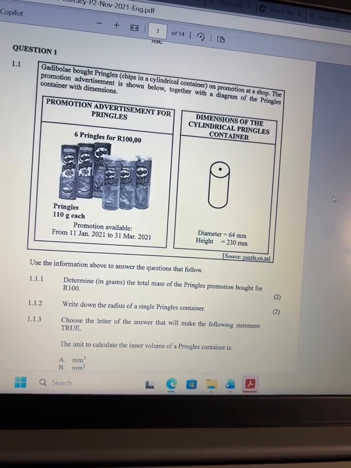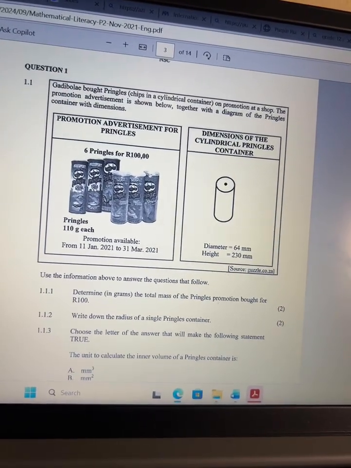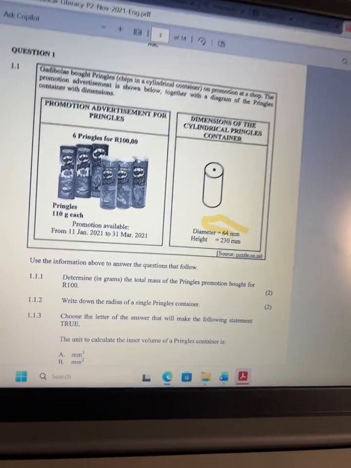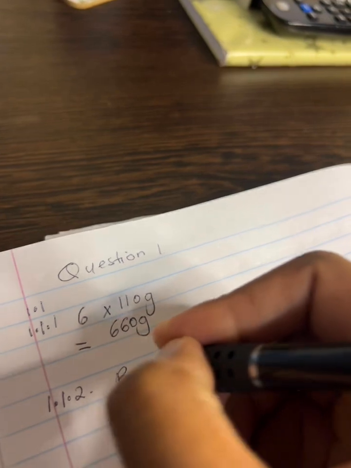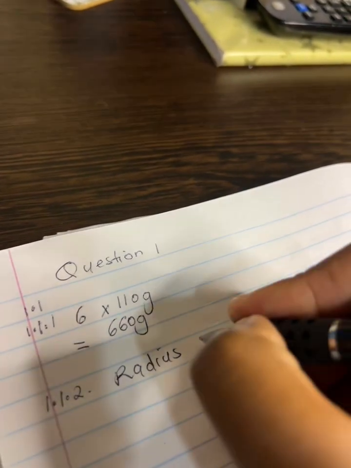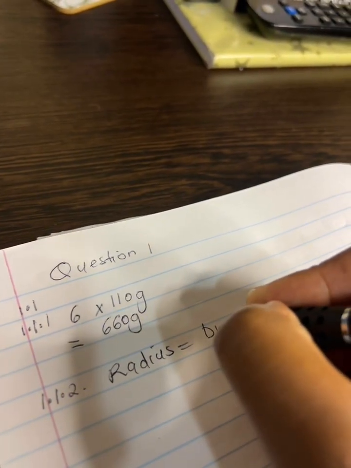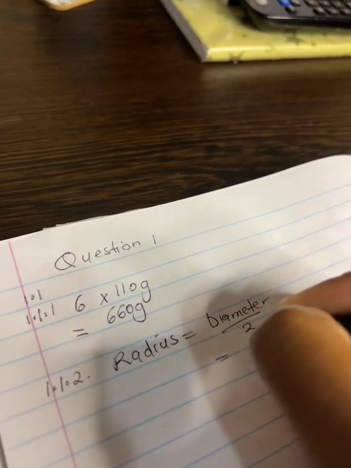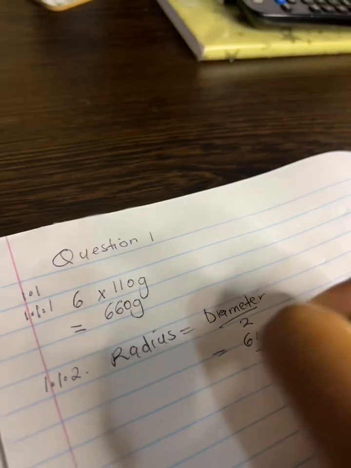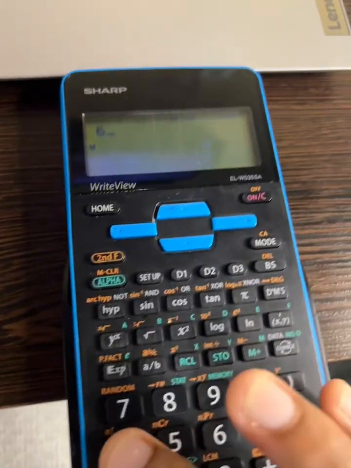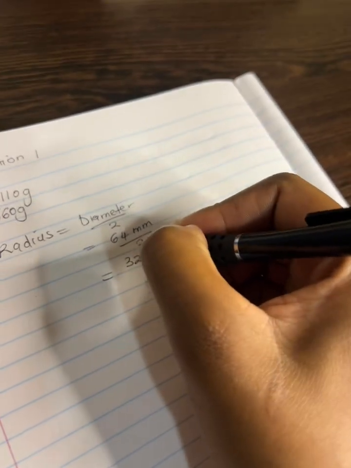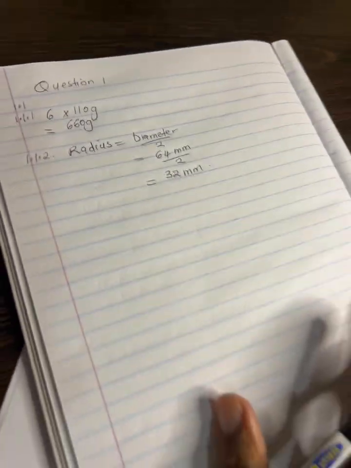So radius equals diameter divided by 2, which is 64 millimeter divided by 2, and the answer will be 32 millimeter. So that is the answer.